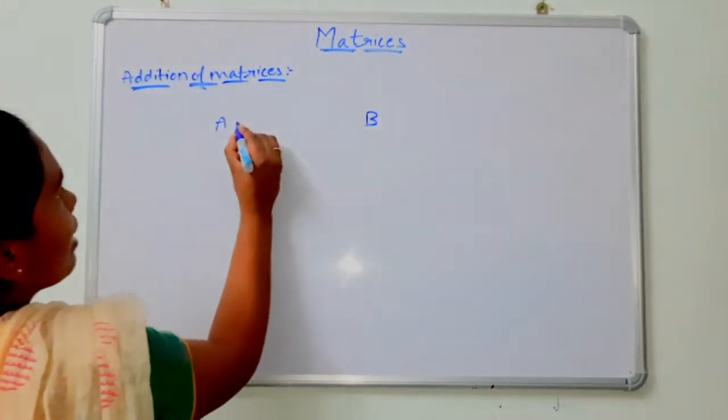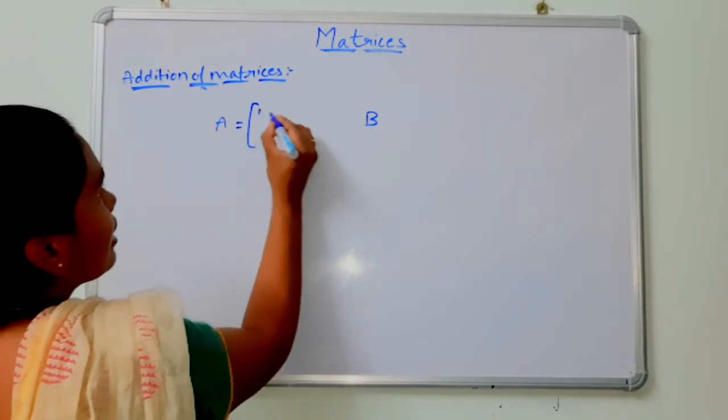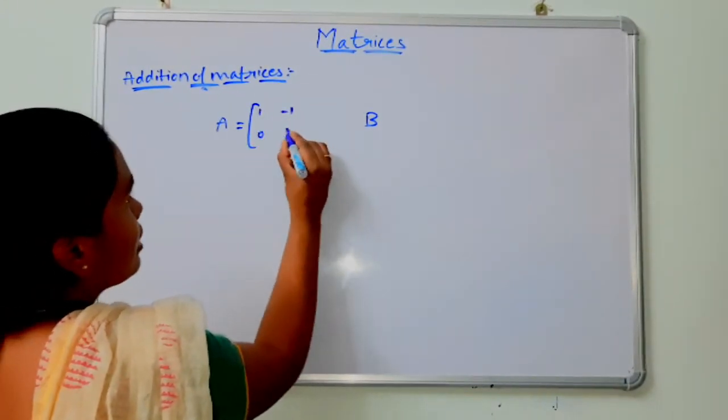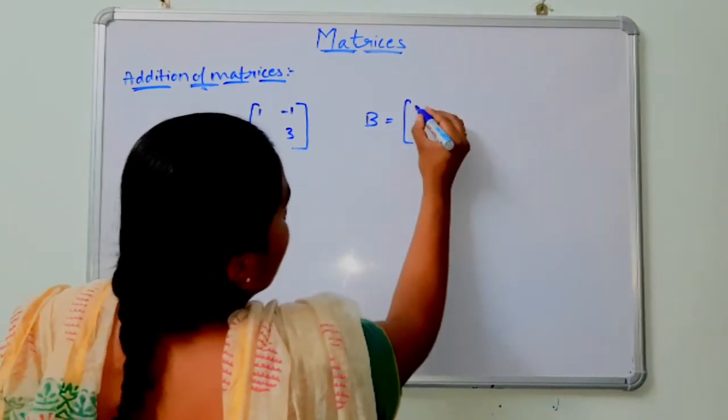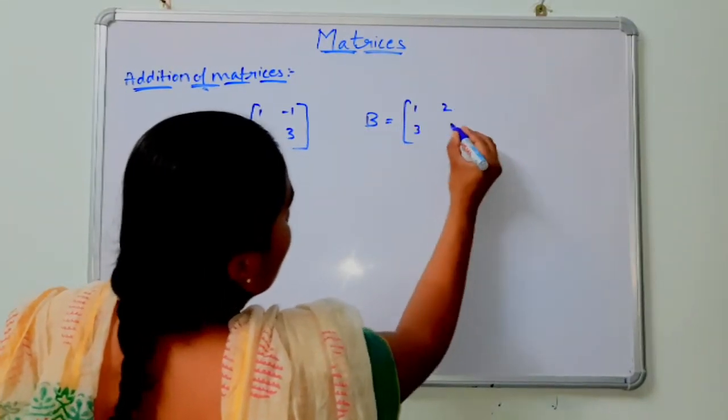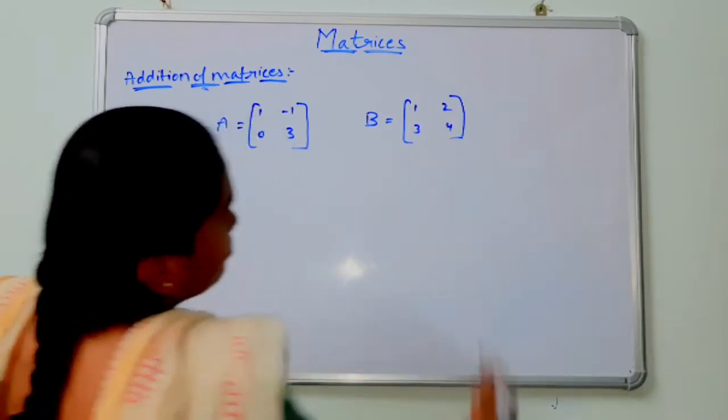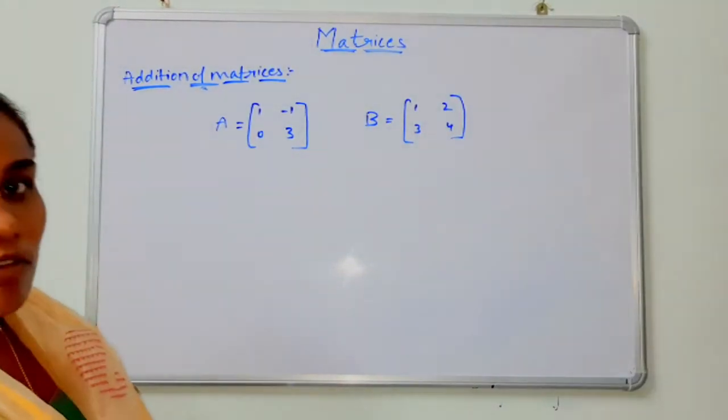So what is the matrix A? Let us take an example: 1, minus 1, 0, 3. And in matrix B, let us take an example as 1, 2, 3, 4. So how to perform the addition of the matrices?